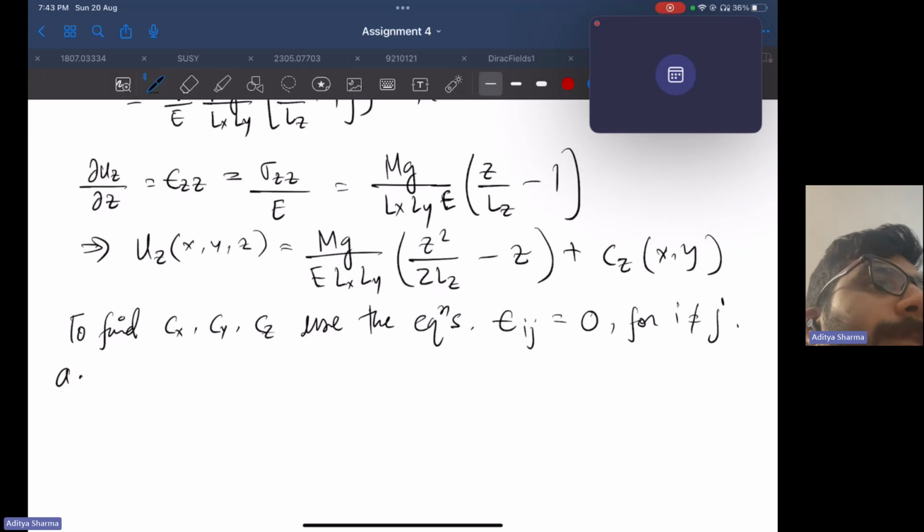So let us take epsilon xy is equal to half.